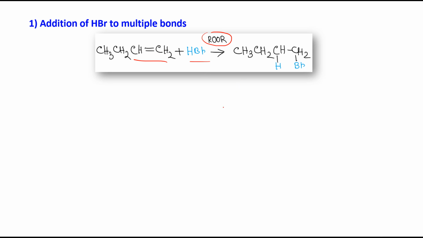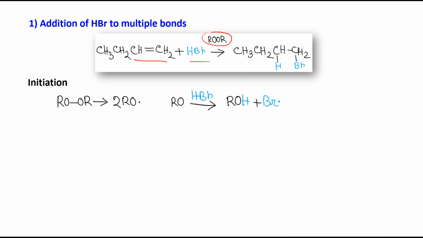Now this reaction, if we go into the details of mechanism, first there is initiation, and remember we are discussing under the heading where one radical will react with some spin paired molecule, we will get new radical. Now this type of reaction you can also call it chain reaction, because from one radical you are getting another radical.